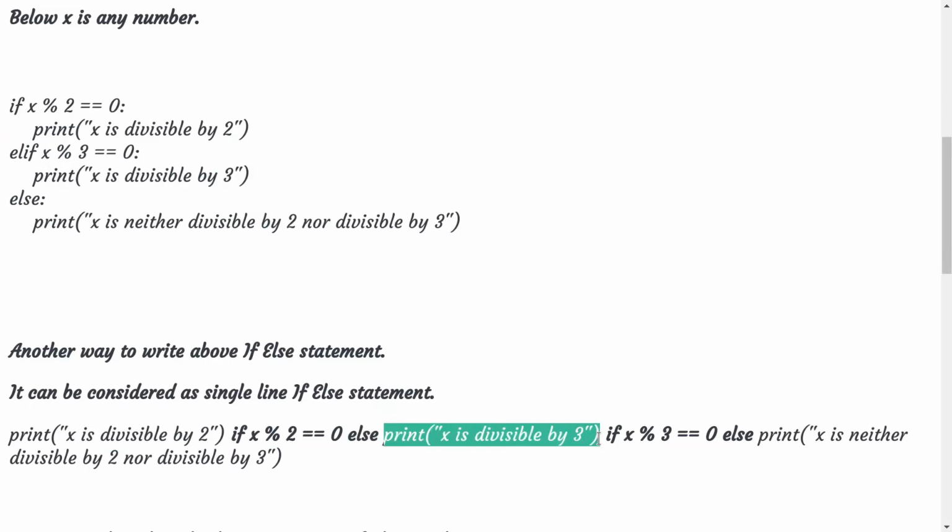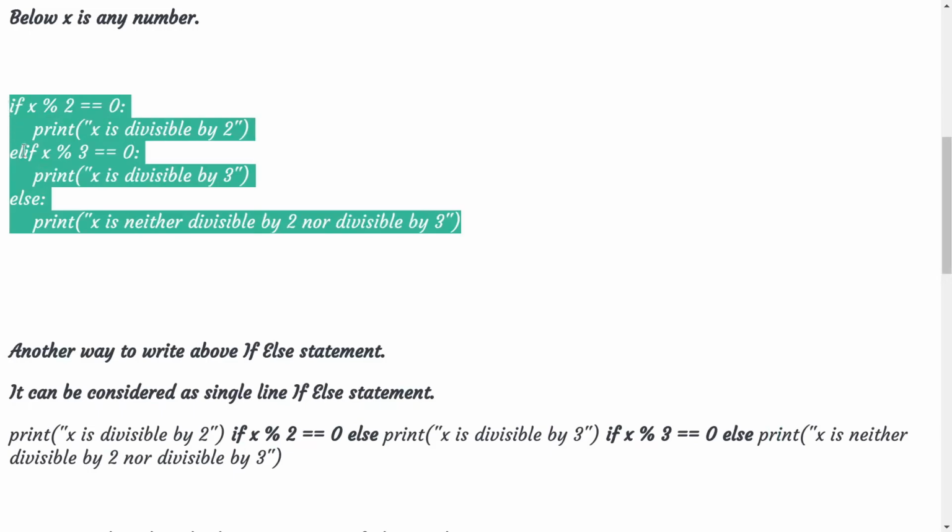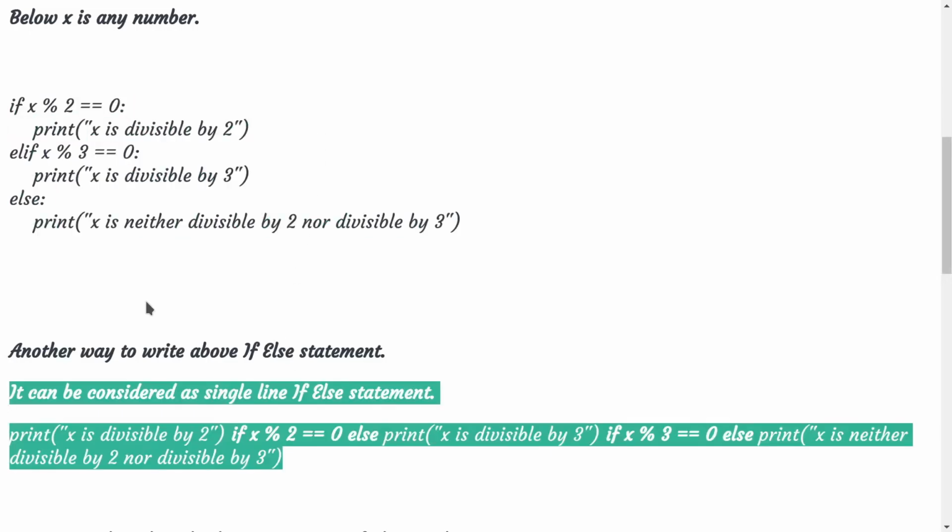After that a condition that if x is divisible by 3, again else, and then we have this final else statement like print x is neither divisible by 2 nor divisible by 3. Thus just by using if else we can rewrite the entire if elif else condition in case a single statement is there. We can call it a single line if else condition as well.